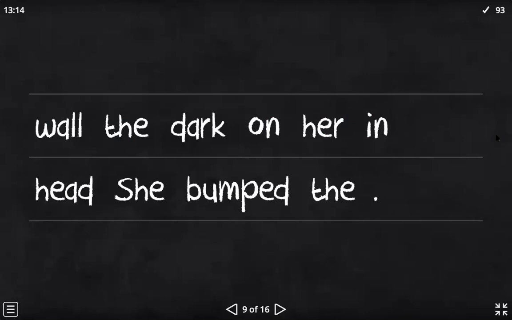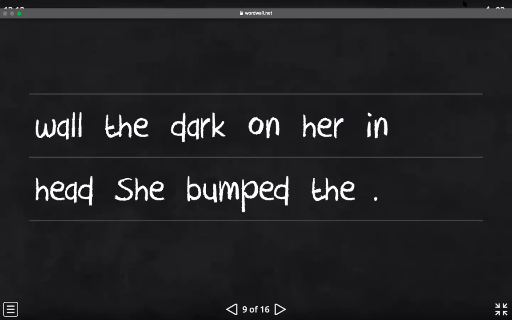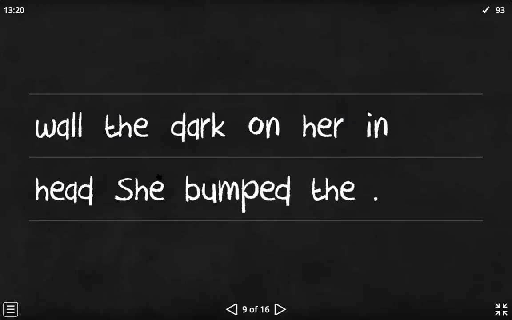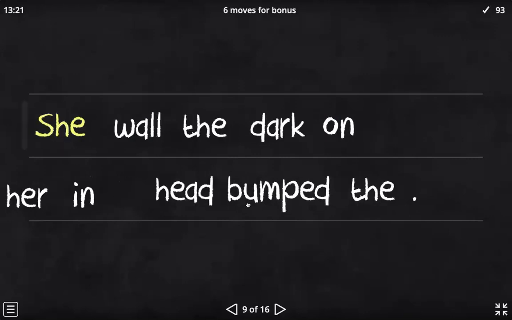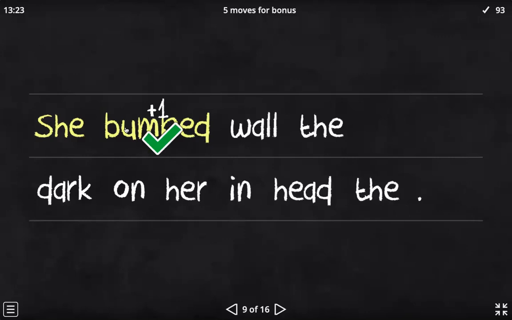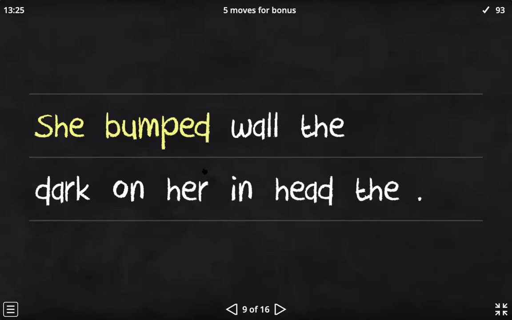How do we begin this sentence right here? She bumped, es golpearse. She bumped. What did she bump? Her head, very good.